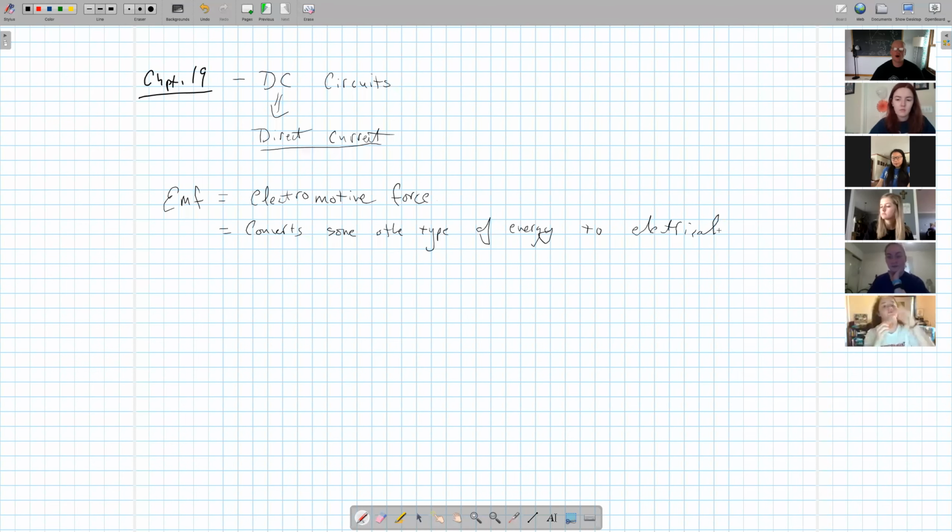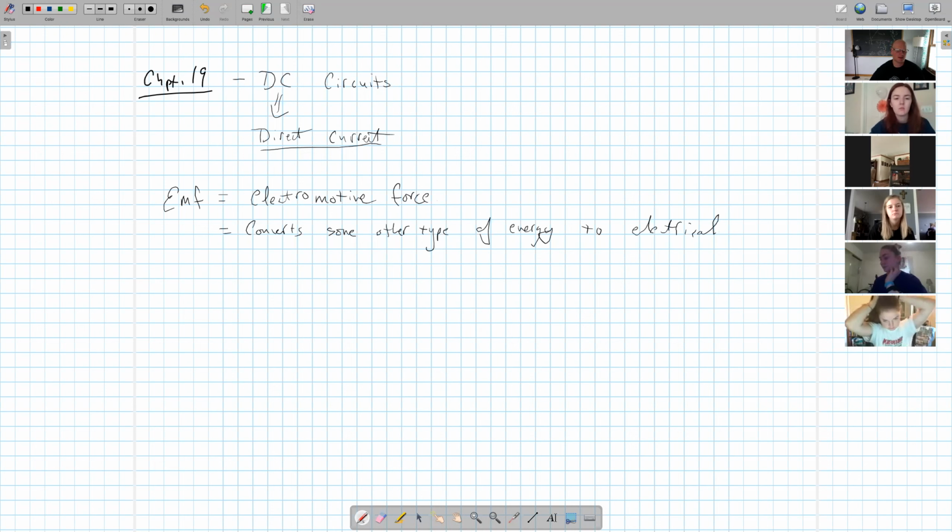This could be a waterfall. So in that case, it's also mechanical energy. The waterfall comes down, causes the turbine to move. Could also be nuclear energy, could be chemical energy, could be all kinds of different things. So it's just any other form of energy which is then converted into electrical energy.